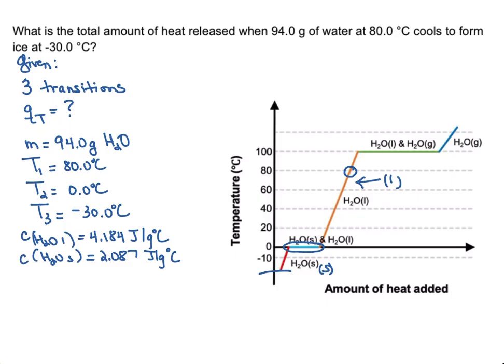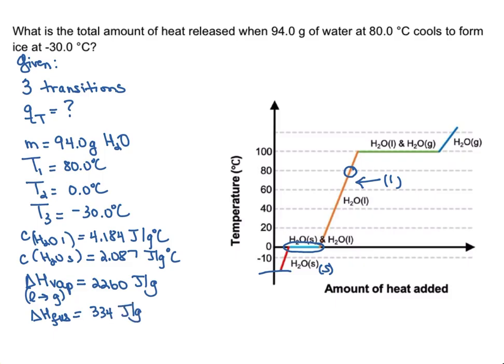I also can find on a table the heat of vaporization for water. But I also want to remind myself that vaporization is liquid to gas. And I also have the heat of fusion as 334 joules per gram.